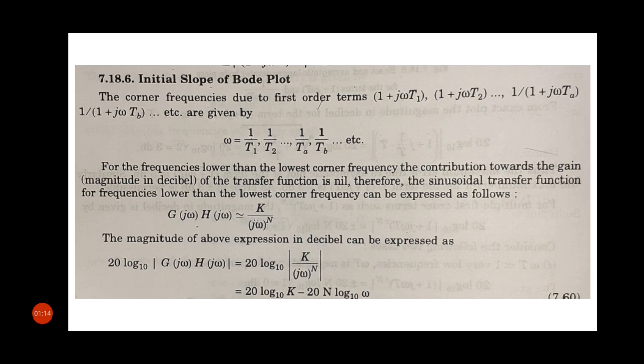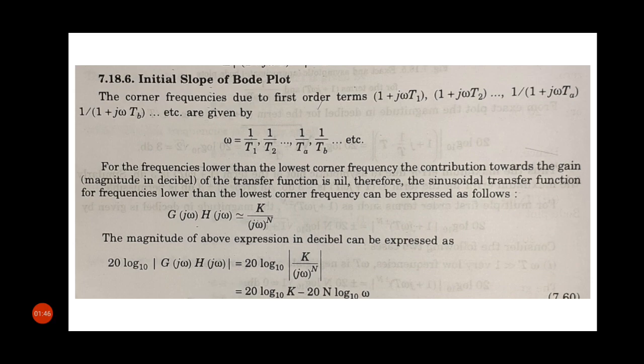Okay, so for the frequencies lower than the lowest corner frequency, the contribution towards the gain, that means magnitude in decibel, of the transfer function is nil. Therefore, the sinusoidal transfer function for frequencies lower than the lowest corner frequency can be expressed as g(j omega) into h(j omega).